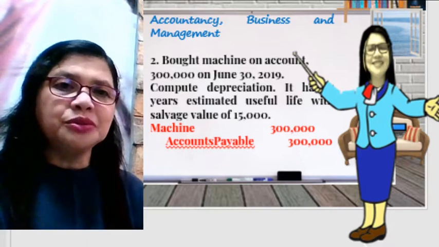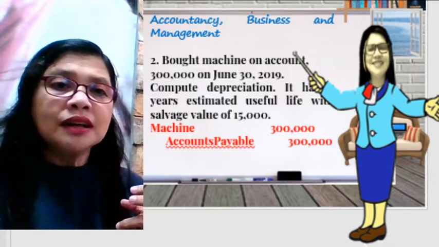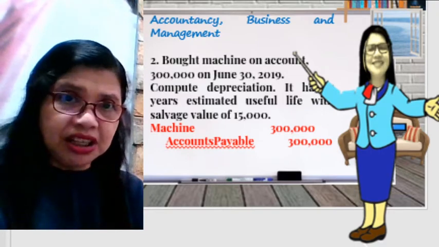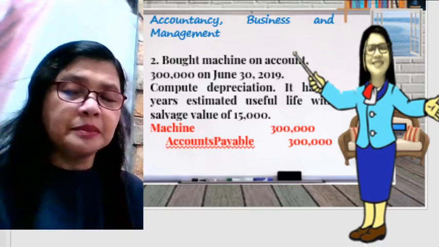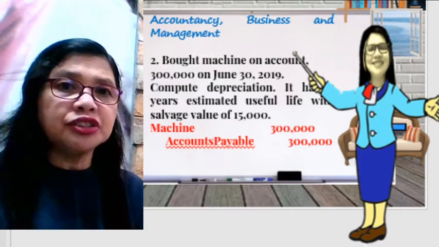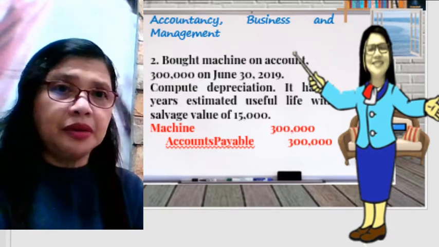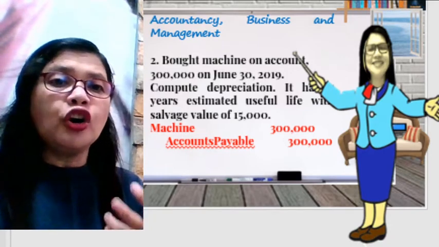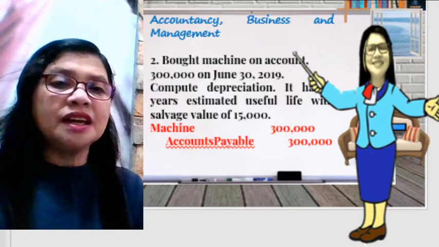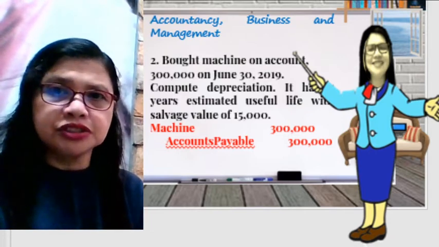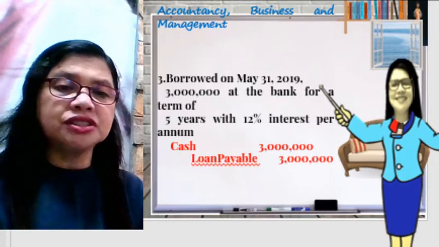So number two, the company received a machine. So you debit machine as the asset received by the company, but in exchange for an accounts payable because the company bought it on account. So there is an accounts payable credit, which is the normal balance also, of 300,000.